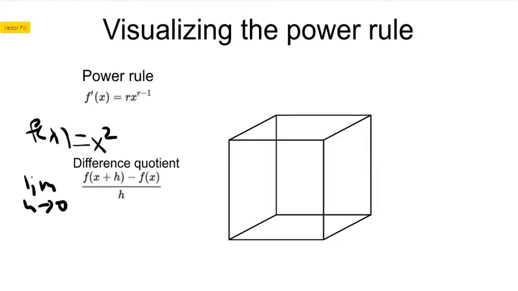So let's say we have a cube, f of x is equal to x cubed. And we have an instantaneous change of, again, dx. So dx, which in turn adds another side here.